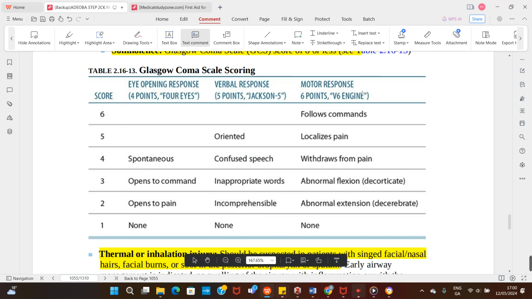For the motor, you can talk to the patient. If the patient follows your command, raise your legs, raise your arms, 6. You try to do a sternal rub, and the patient brings his hands towards that area, localizes the pain to that area, that is 5. If the patient just withdraws his hands away from the pain, that is 4.